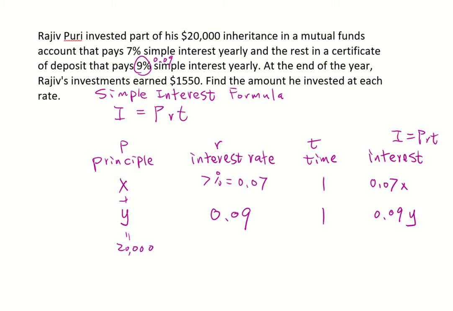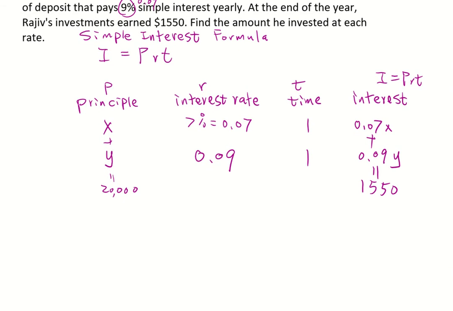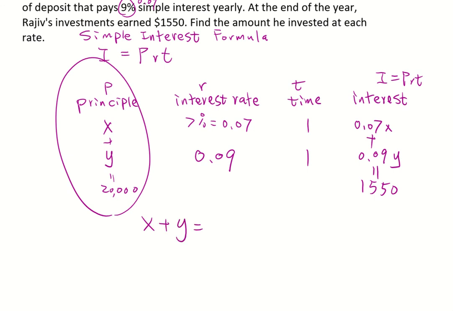And we know the total interest earned is $1,550, which is the sum of the two interests. Okay, now let's write down the two equations. One comes from this column, which is X plus Y equals 20,000.